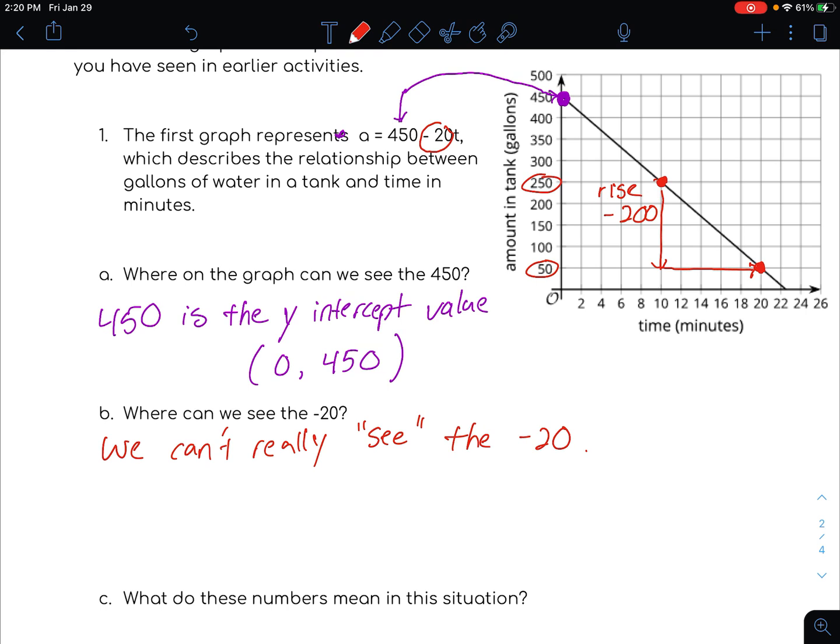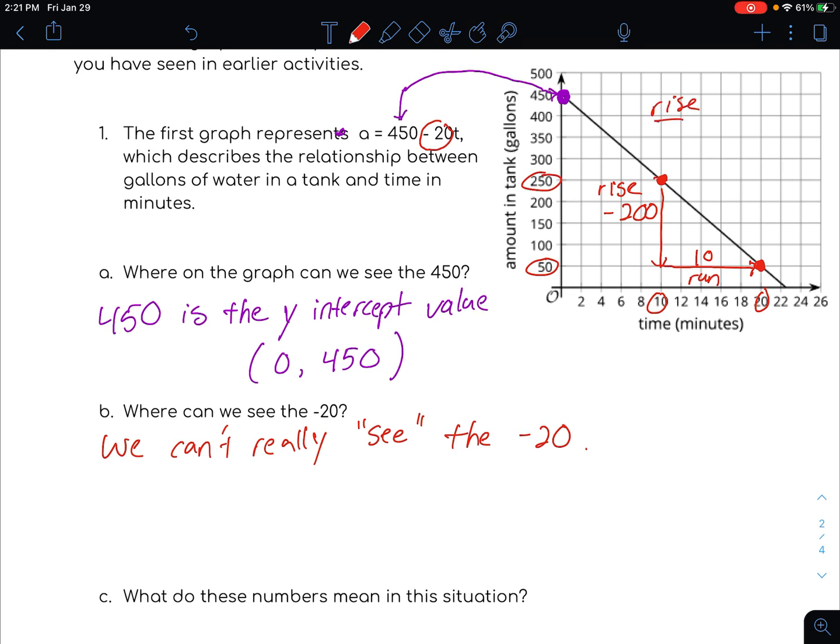We went down 200, and then we went from 10 all the way up to 20, so that would be a run of 10. So as a rise over run, that is negative 200 over 10, which is negative 20, which is the number that we saw in the equation.